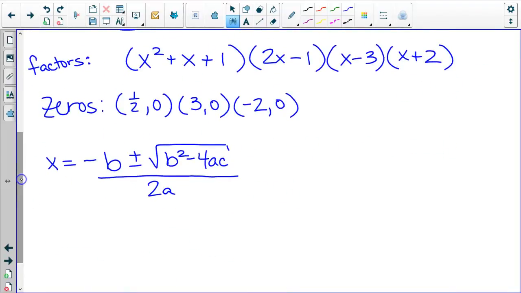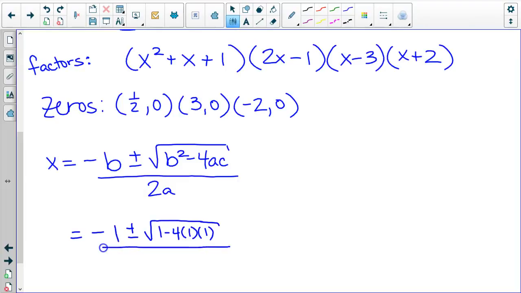So negative b is -1 because that's b, plus or minus b squared. B is 1, so 1 squared is 1, minus 4 times a, which is 1, times c, which is 1, all over 2 times 1. A is 1, B is 1, C is 1. And then you just reduce.